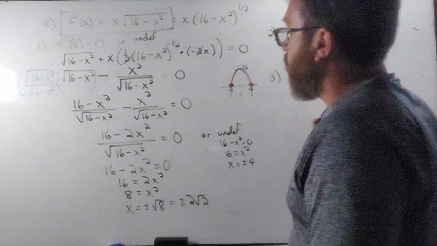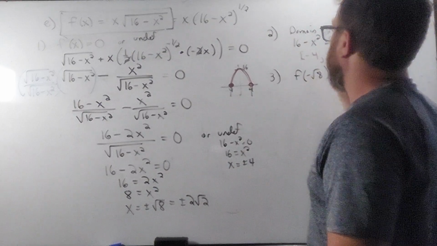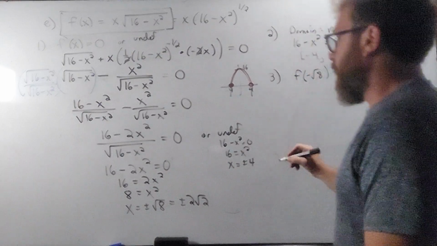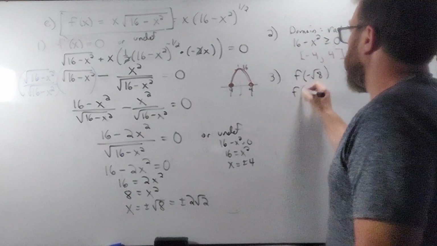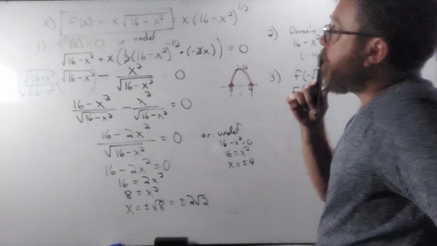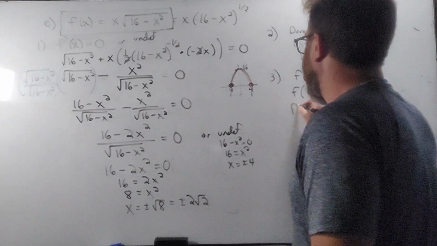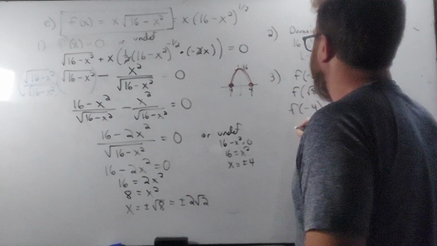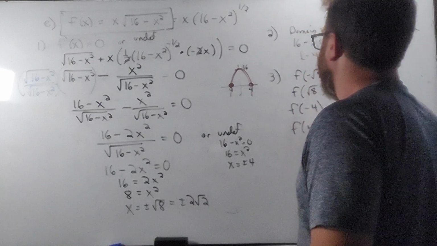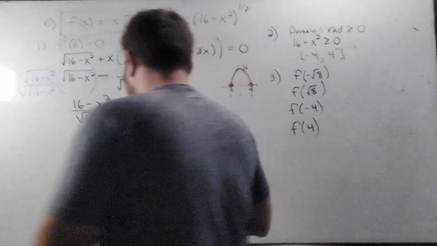I'm going to use negative root 8 because I think it'll be easier to evaluate. I also have positive root 8. That looks like an odd function. I bet you those would be opposites. We'll know in a minute, won't we? We also have f of negative 4 and also f of positive 4, because we have to do these endpoints as well.